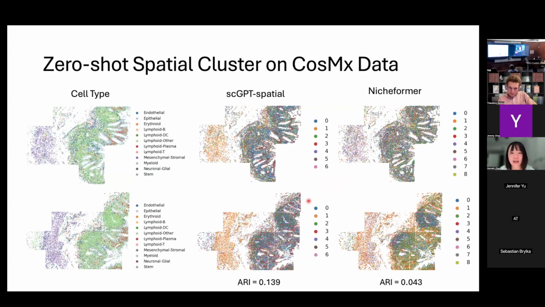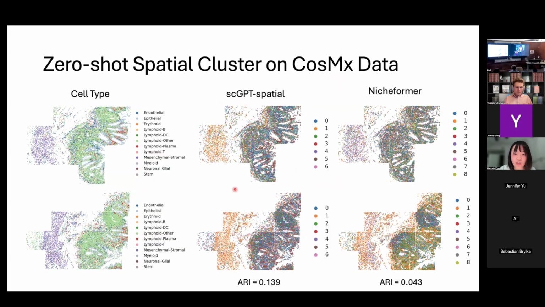But I did manage to look at some spatial clusters on the Cosmics data. So I took the embeddings that scGPT spatial and Nicheformer output, and I did the latent clustering using the same parameters on all the cells.